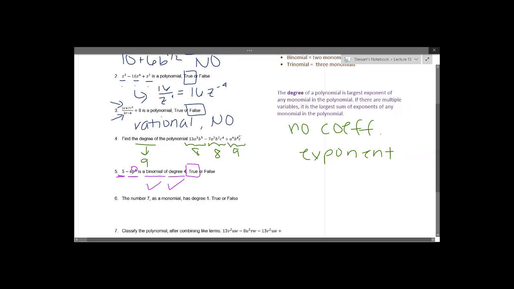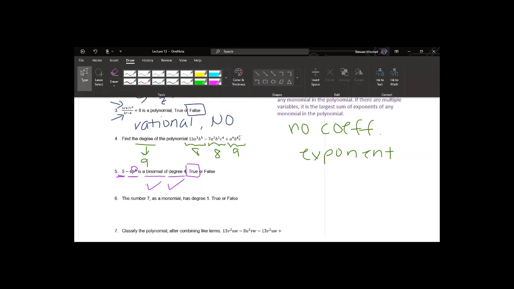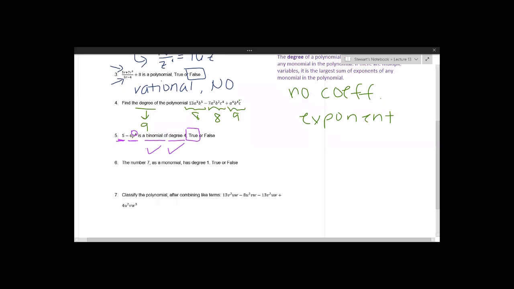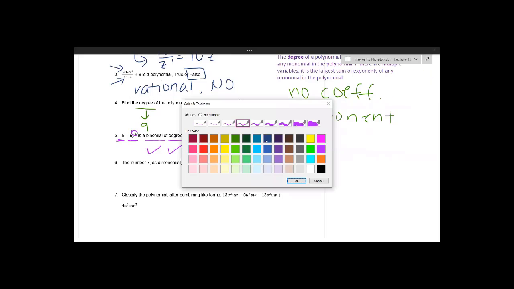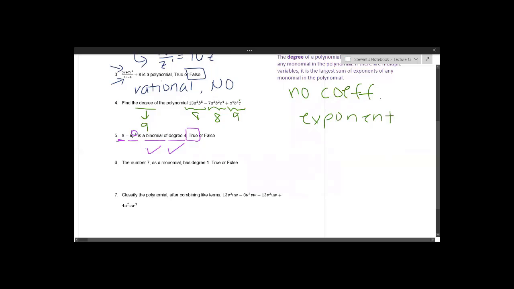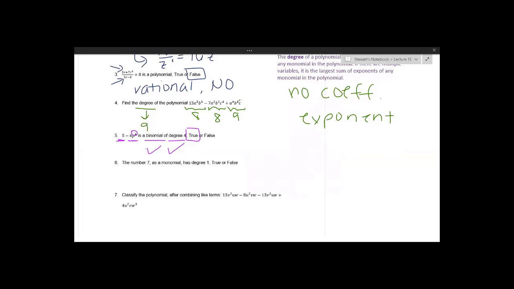Okay, so one thing to note about whole numbers here and not variables is that they have degree 0. So this is not degree 1.